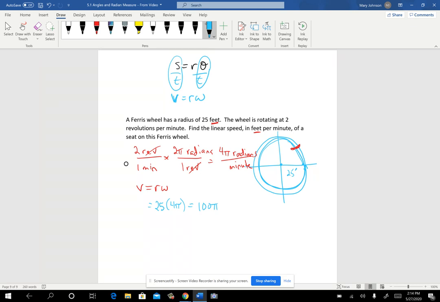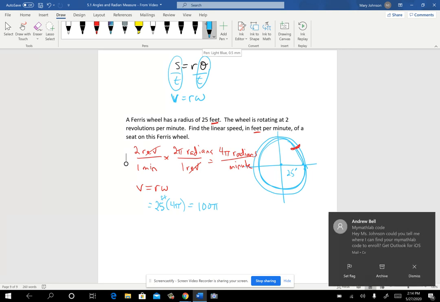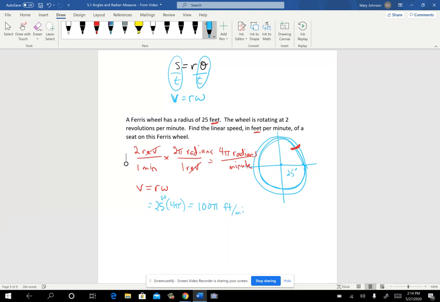This was in feet. Even though I do say radians, really it's a unitless quantity, so this would just be 4 pi per minute. So it would be 100 pi feet per minute. If I work that out, 100 times pi, it would turn out to be about 314 feet per minute. That's how fast you're going.